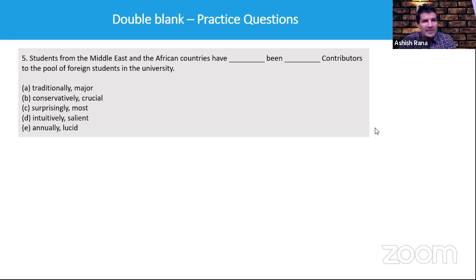Students from the Middle East and the African countries have dash been dash contributors to the pool of foreign students in the university.